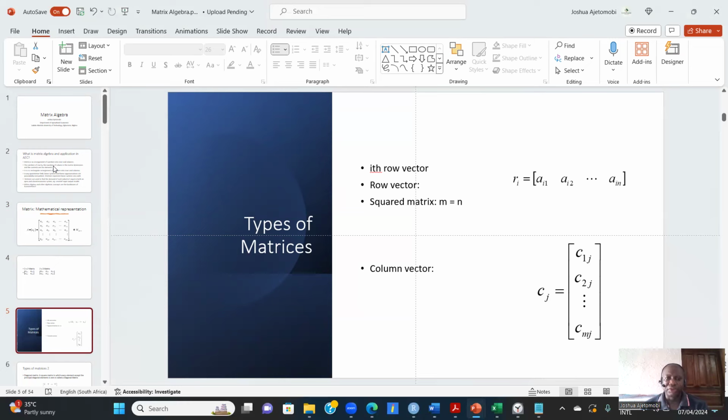The third type of matrices is square matrix. For a square matrix, the number of rows is equal to the number of columns. For instance, you may have 2 by 2, 3 by 3, 4 by 4, 5 by 5, 100 by 100, and so on.